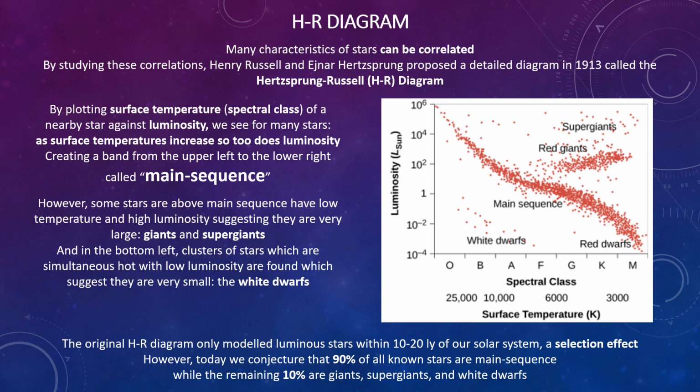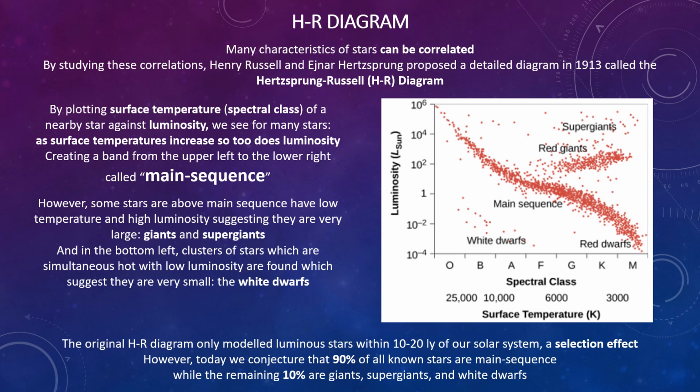However, today we conjecture that 90% of all known stars are main sequence stars, while the remaining 10% are giants, supergiants, and white dwarfs. So we can see an example of this HR diagram here on the right, and we can see very clearly this main sequence stretching from the upper left to the lower right.